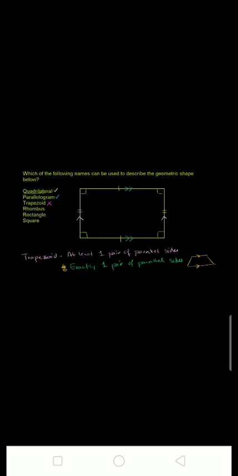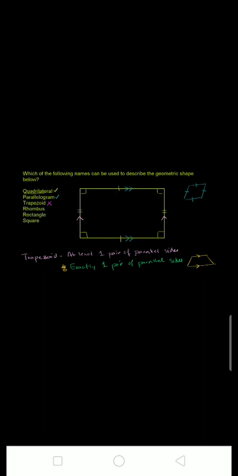Now let's go on to rhombus. So a rhombus is a quadrilateral where all four of the sides are congruent. So a rhombus will look like this. All four sides have the same length. They're not necessarily at right angles to each other.